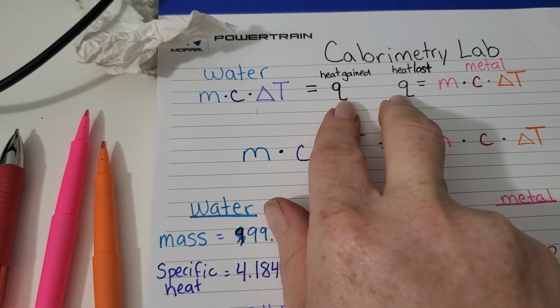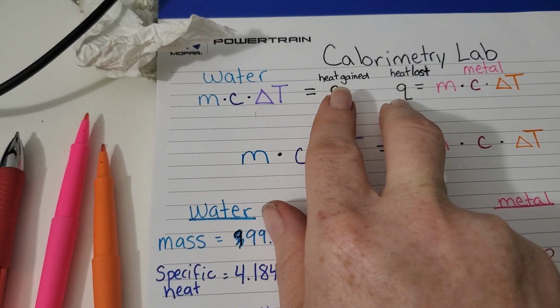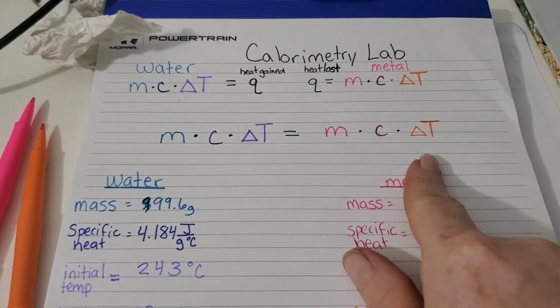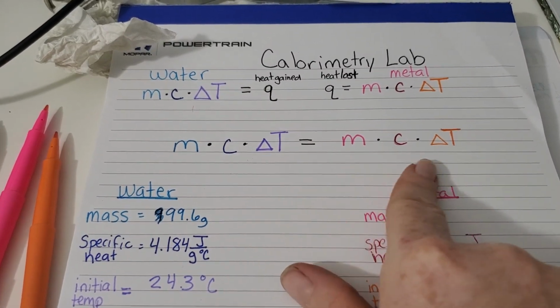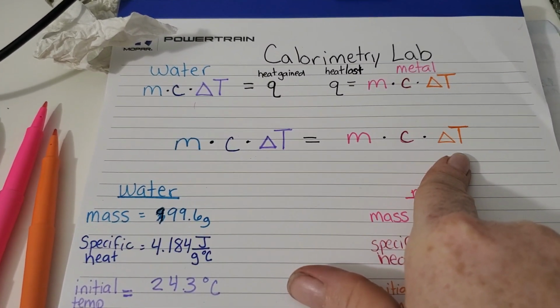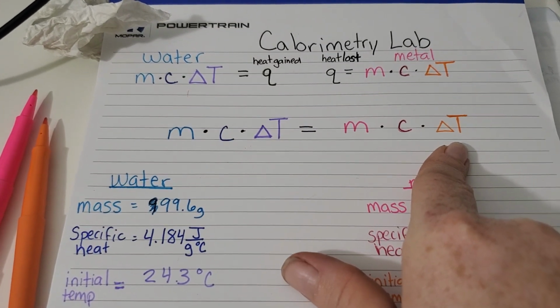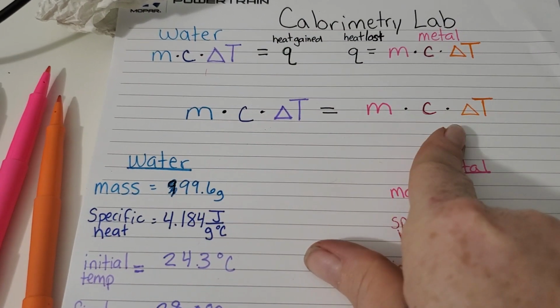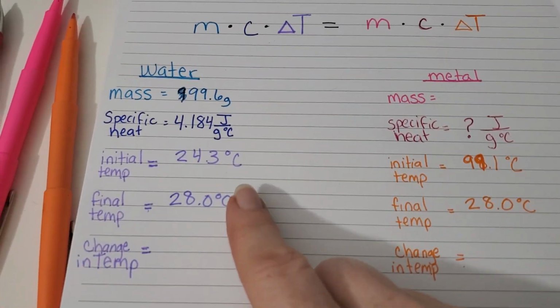So I don't actually care about the sign, I just care about the value. So for our change in temperatures, we're not going to worry about final minus initial, we're just going to find the difference between them. So really we just want the absolute value. We just want to know what the difference is between my two temperatures.